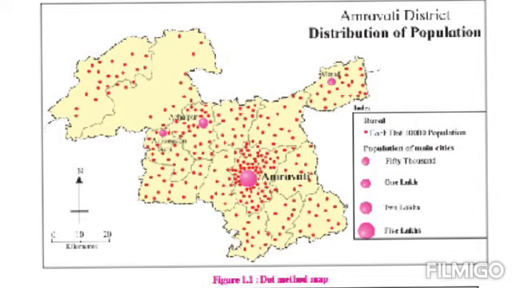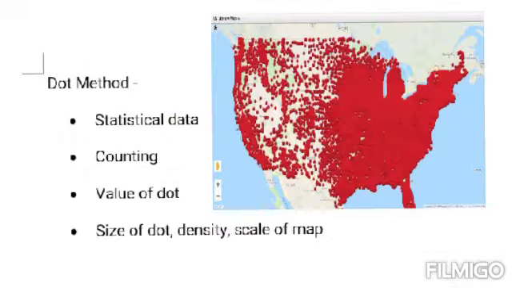So like this, there are many maps provided in the textbook. A few maps I am going to give you for self-study, right? Now the first method we have seen is the dot method. I will revise a few points. In the dot method, the first thing we require is statistical data collected through counting. Then we have to use the dots. Then we have to decide a value for the dot. How are we going to decide the value for the dot?